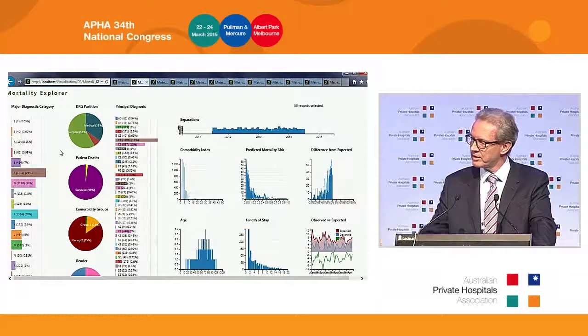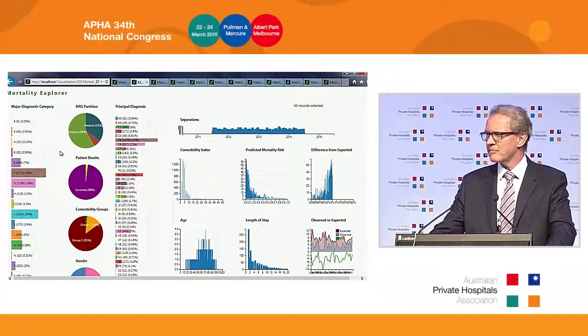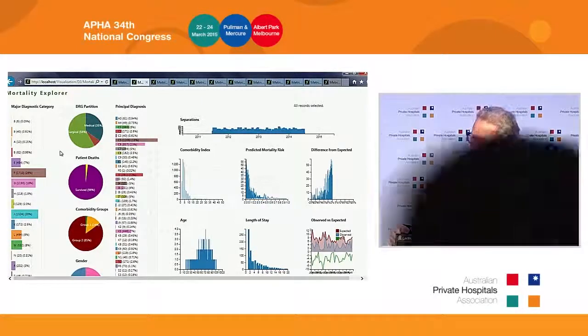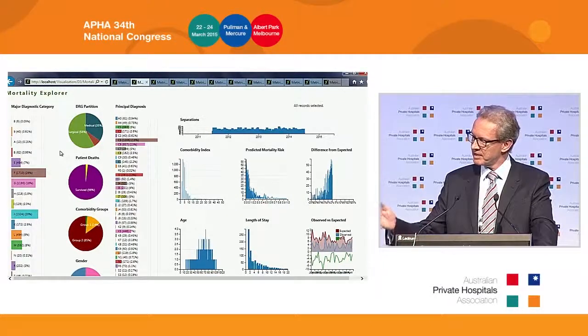And then further over, you can see the principal diagnoses that make up those groups. And then further over to the right, you can see what we've created is a profile of the comorbidities within the patient data set. Predicted mortality risk, what sort of risk profile are you managing?